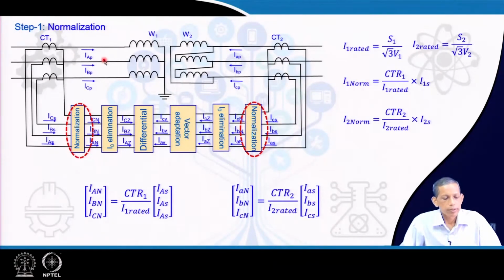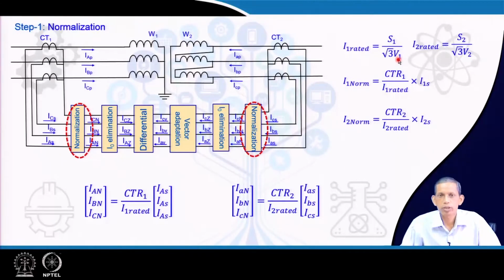Now, we see here that the first step is the normalization of current that we have learned in the last lecture. In this case we find the corresponding rated current from the MVA rating of the transformer and the corresponding voltage.